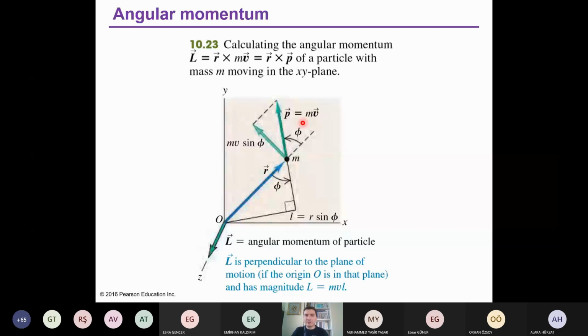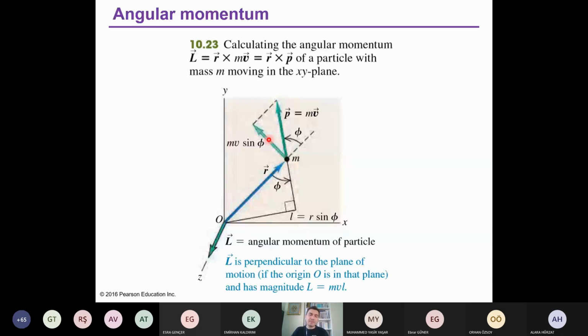And what about the angular momentum of the particle? Angular momentum of the particle is given by p times lever arm. What is p? p is mv. The lever arm is given by l, so mvl. Or you can write m times v times r times sine phi.